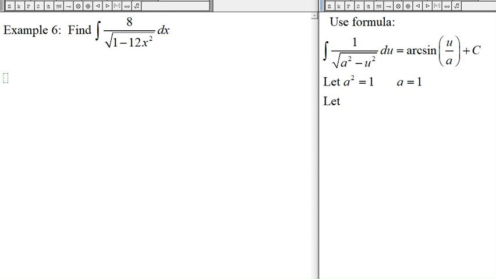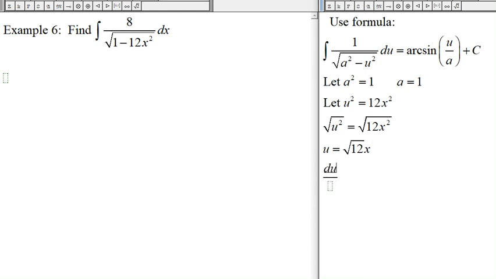And then we'll let our u squared be 12x squared, and then take the square root of both sides. So we have the square root of u squared, and then the square root of 12x squared. So this becomes u. This is the square root of 12 times x.